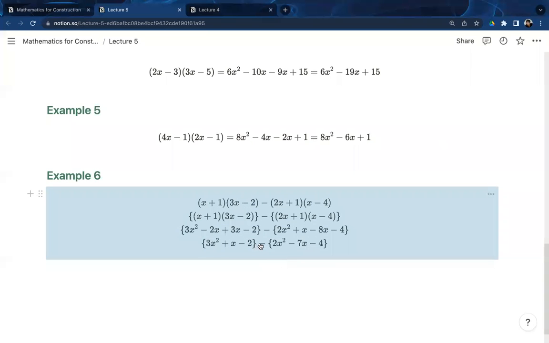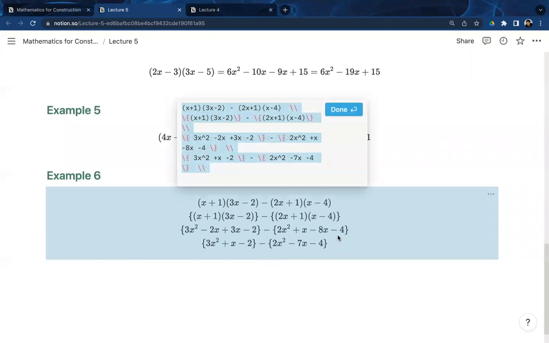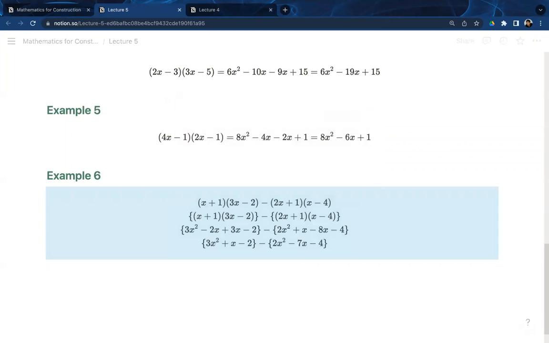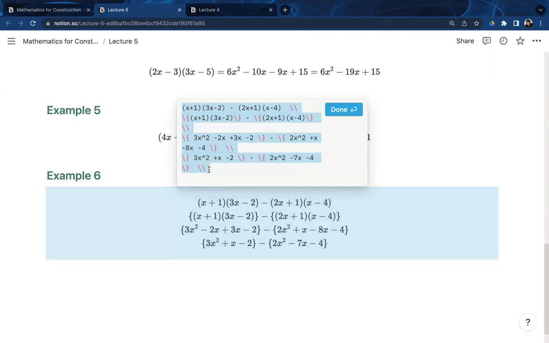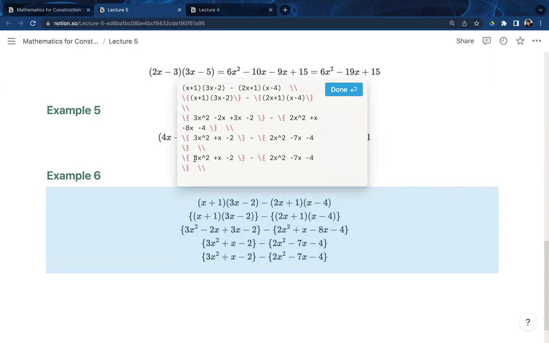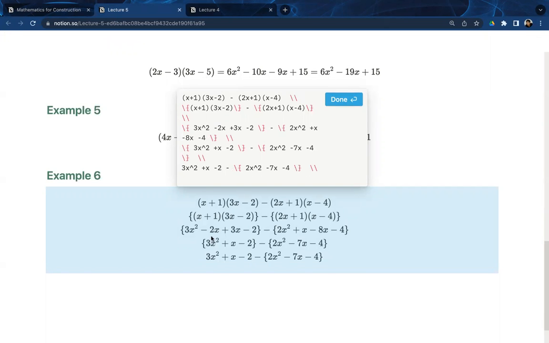Now, this is where I think people make a mistake: when they remove this minus sign, they're forgetting to multiply all of this here by negative. When you remove the brackets, this part here is fine, but with this curly bracket here, when you remove it, this minus sign has to interact with everything here.